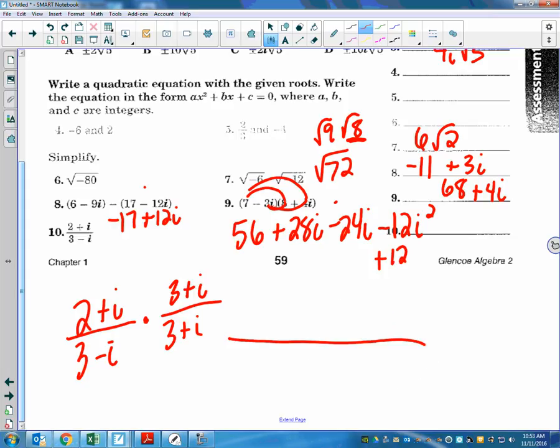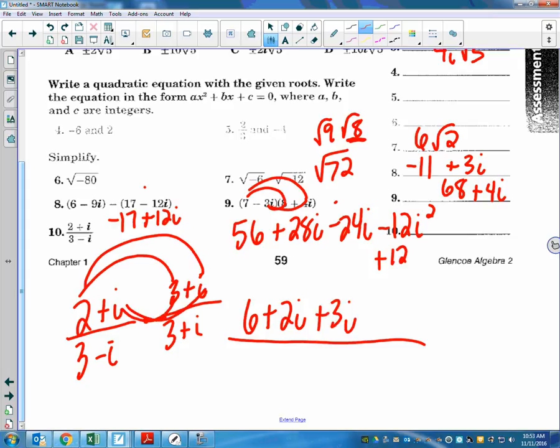The first number goes to both of these. So 2 times 3 is 6, 2 times i is 2i. And then the second number goes to both of them. So i times 3 is 3i, and i times i is i squared. You should always get 4 numbers if you have a binomial times a binomial. And on the bottom, that middle part should always cancel.